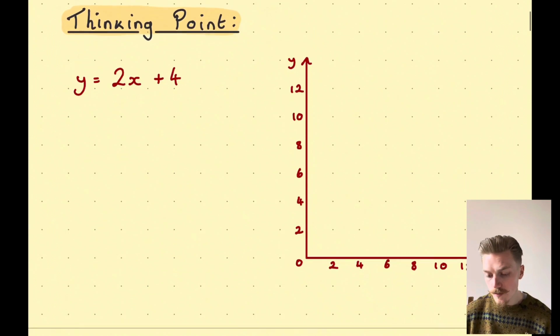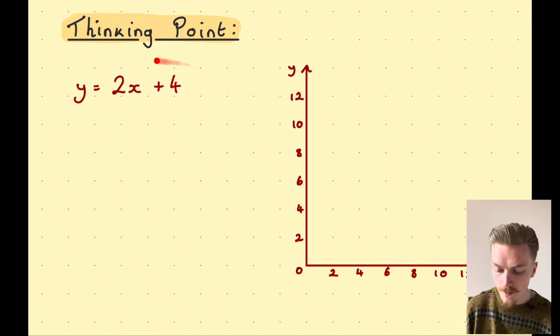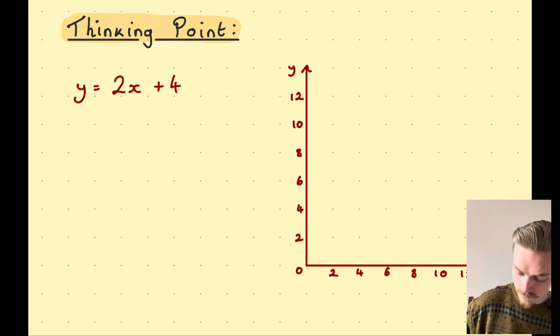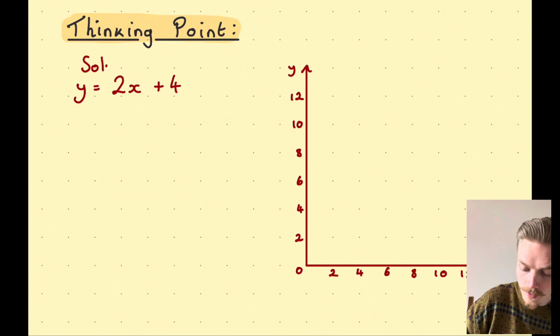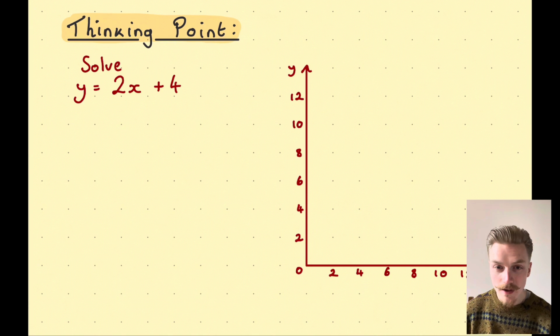So just to start us off with this topic, think about this equation here. So I've got an equation, y equals 2x plus 4. And if the question said, solve that equation, could you do it? Well, actually, with this equation, we can't solve it.